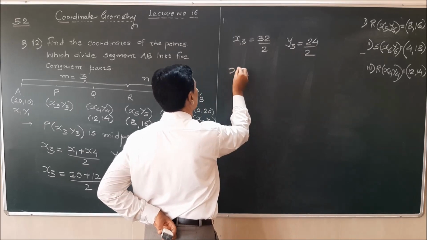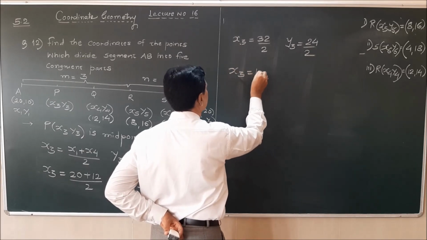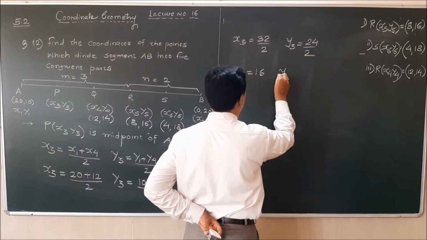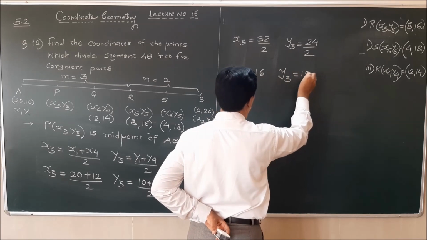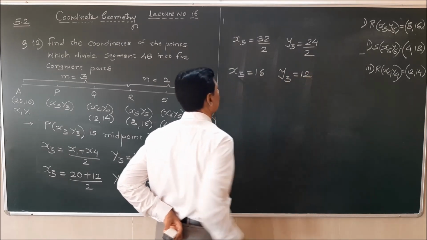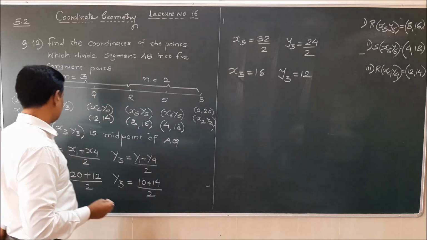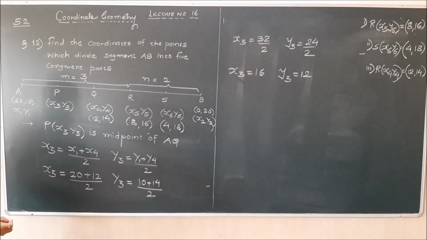So x3 is equal to 16, while y3 is equal to 12. So you will find here coordinates of point P, which is a midpoint of AQ, are 16, 12.